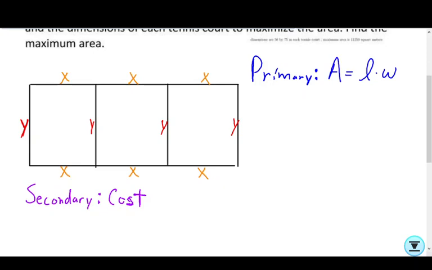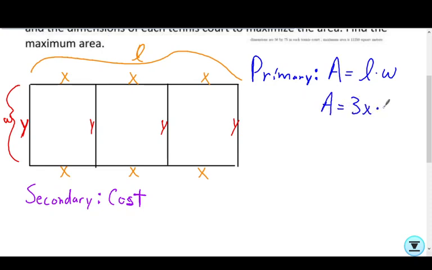Let's say this is my width, and this whole thing here is my length. So my primary equation, area, is length, which is 3x, times my width, which is y.